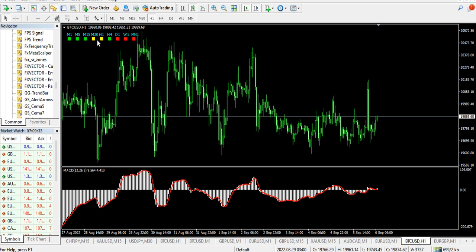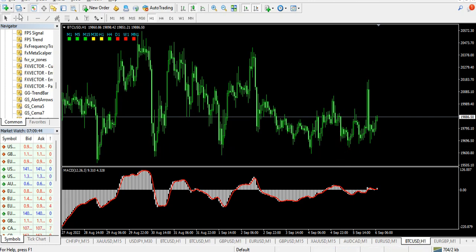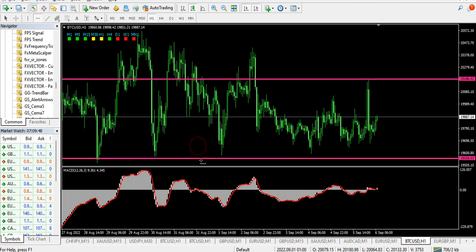On 1 hour they tell us the trend is sideways. As you see, the chart is sideways. From this part to this part it is sideways. You will see the price moved on only one square, between two lines, which is sideways.